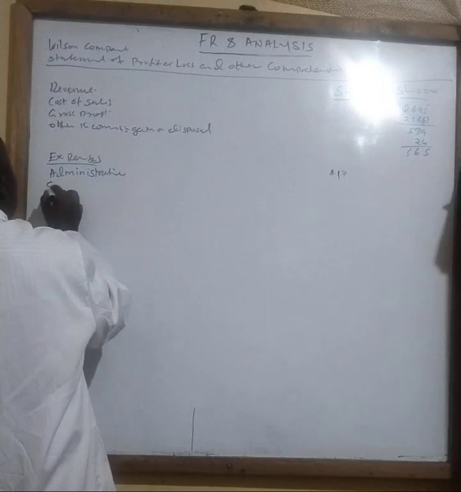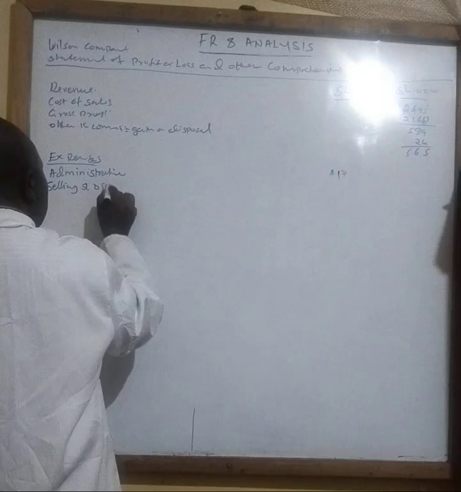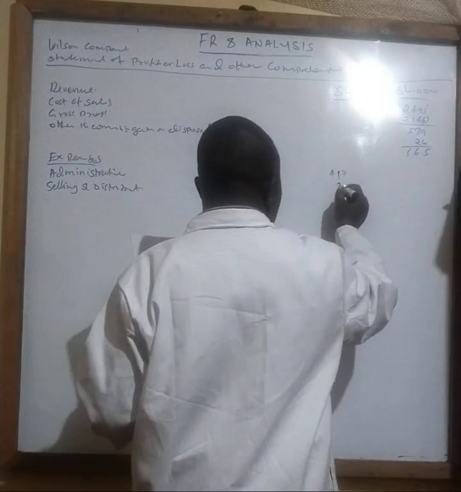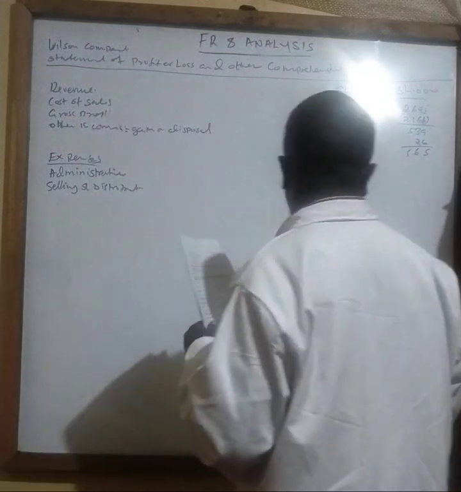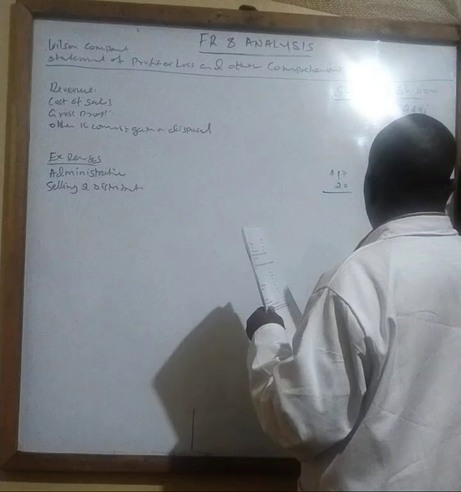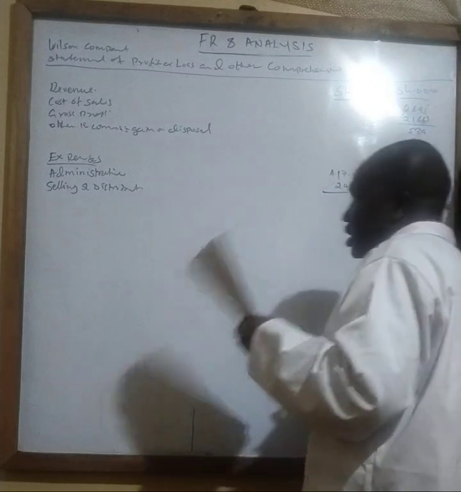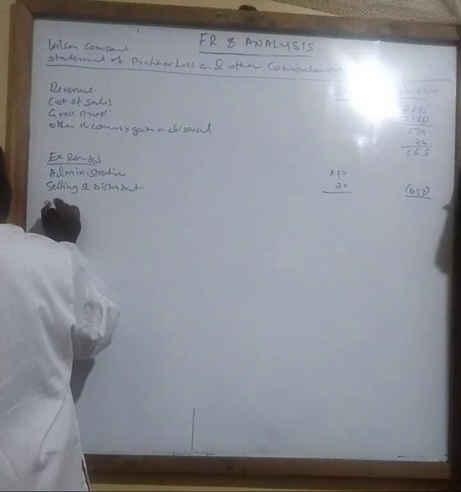Then we have selling and distribution. You remember we worked out that was commission, we found to be 20. Then you add, you get what? 437. You subtract, you get what you call operating profit.